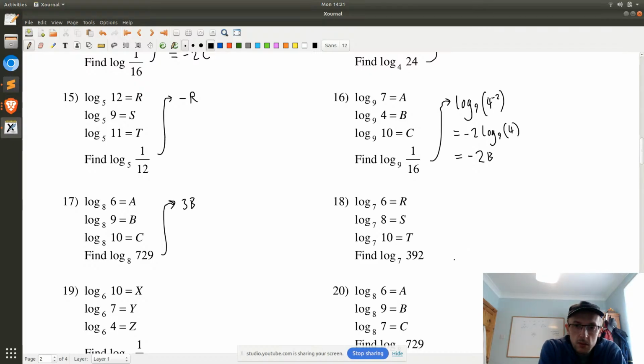392. I have a feeling that's 7 times 48. No, it's not. 392 is 196 times 2. Oh, well, that's 14 squared, isn't it?